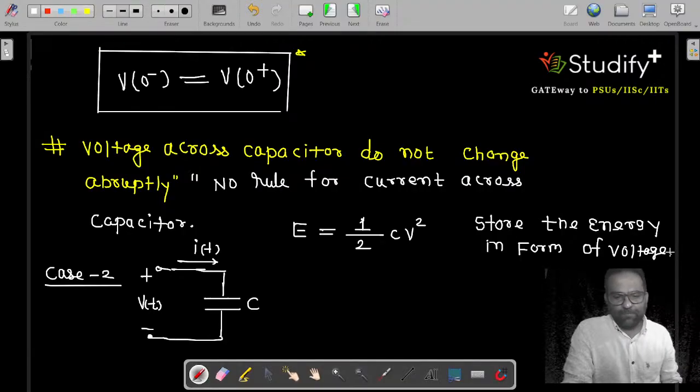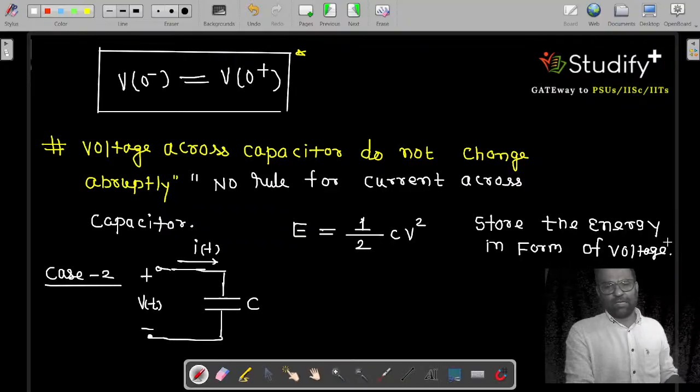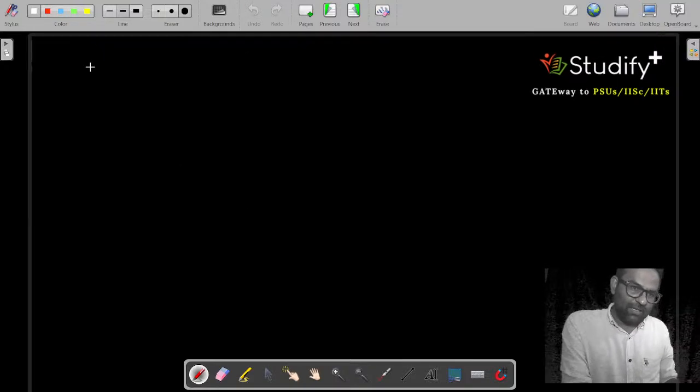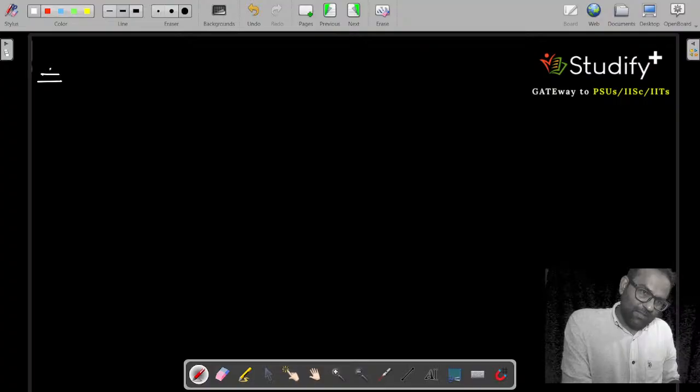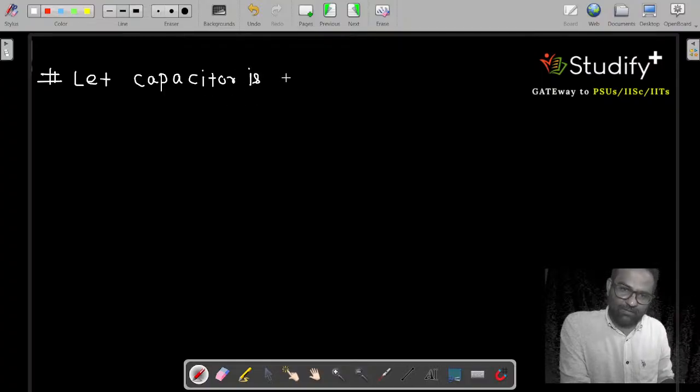Now let's say it is storing the energy up to the maximum point, and it is charging and discharging. Let's say the capacitor is charging.